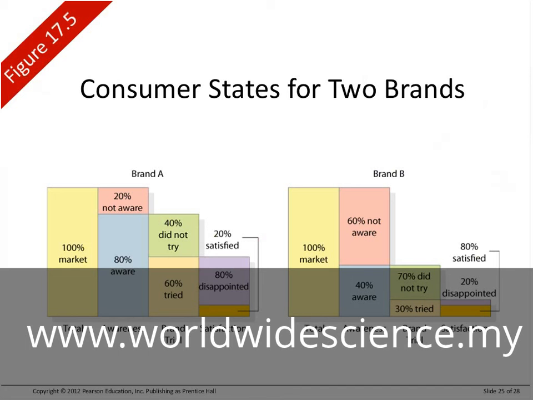When a consumer can choose between two brands, brand A and brand B, for example, in these columns on 100% of the market, 20% of your customers are not aware of your product or your company, and 80% are aware. About brand B, 60% are not aware, and 40% are aware of your product or your company.